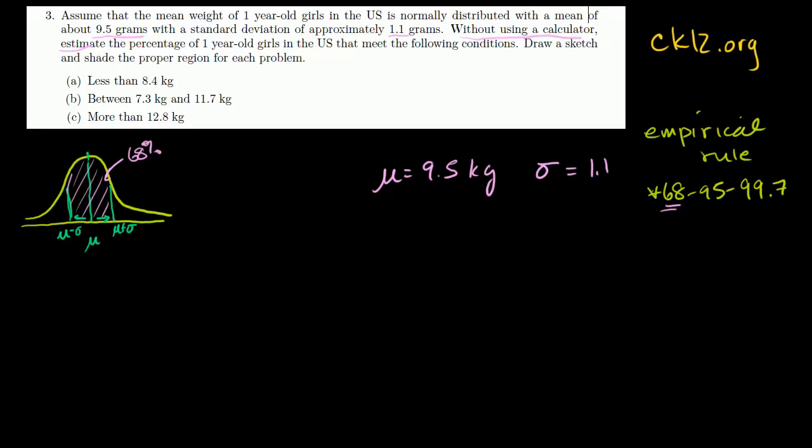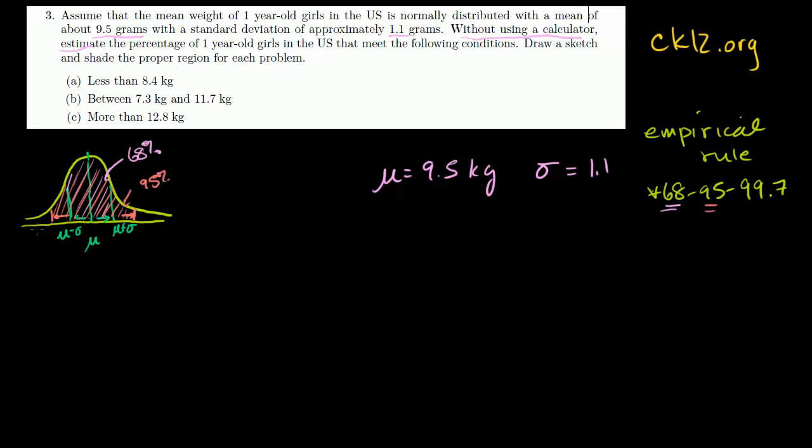Now, if we're talking about two standard deviations around the mean, and we ask what's the probability of finding something within that range, then it's, you could guess, 95%. That includes this middle area right here, so the 68% is a subset of that 95%. And I think you know where this is going.